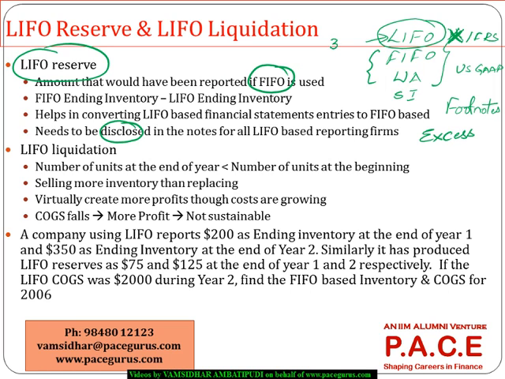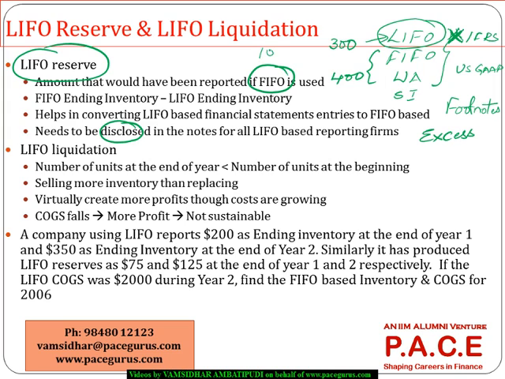So if it has reported 300 as the inventory using LIFO, now if it had reported under FIFO, assume that the inventory has to be 400.